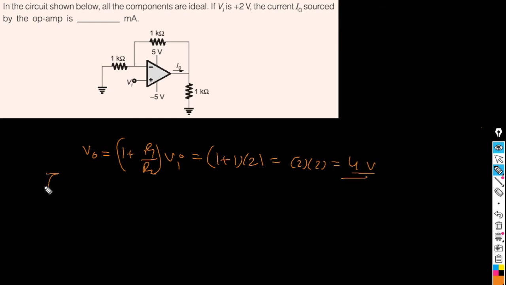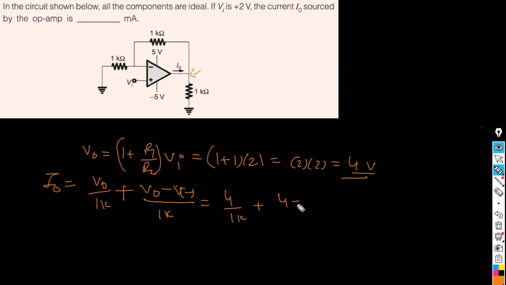And so I naught. If I apply KCL here, then I naught is equal to V naught upon 1k plus V naught minus V inverting divided by 1k, that is equal to V naught is 4 volt, 4 by 1k plus (4 minus V inverting) by 1k.